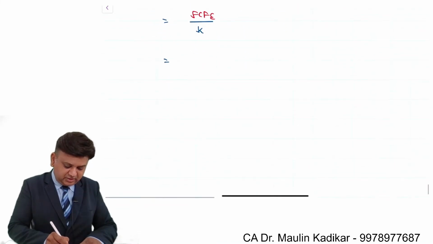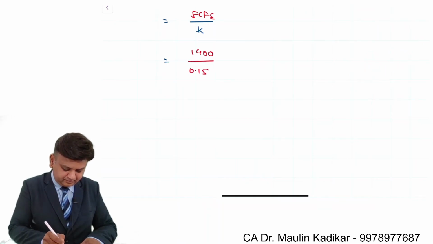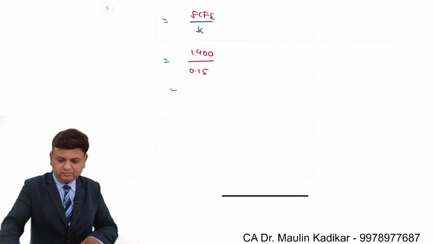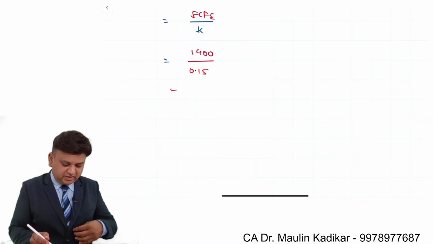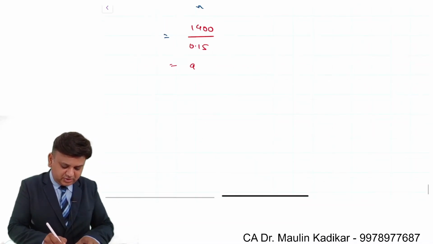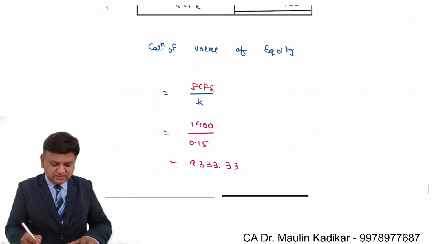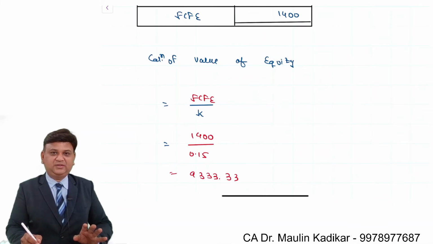So it is 1400 divided by 0.15. That comes to 9333.30. This is the way the value of equity is calculated.